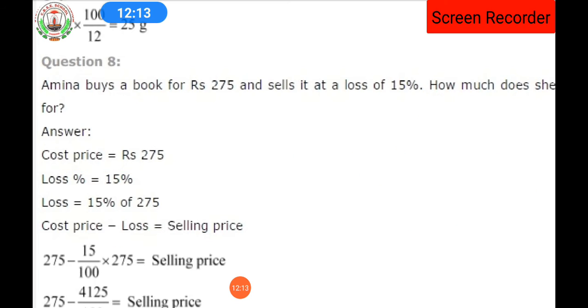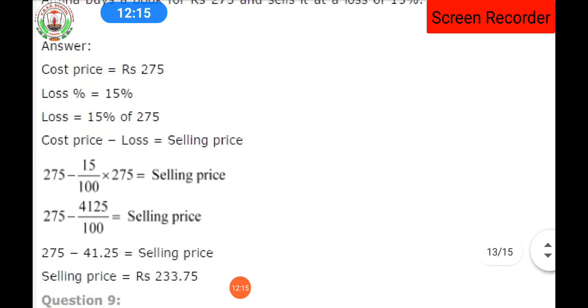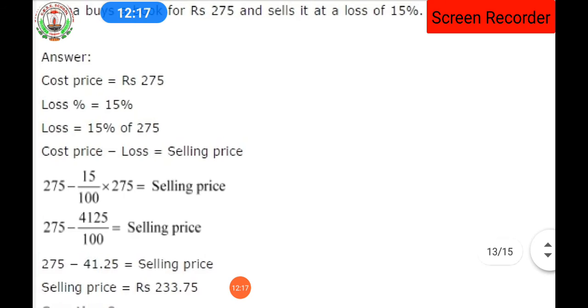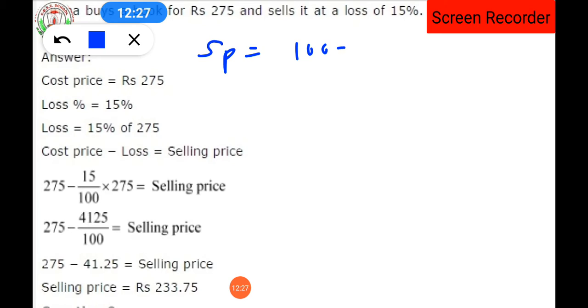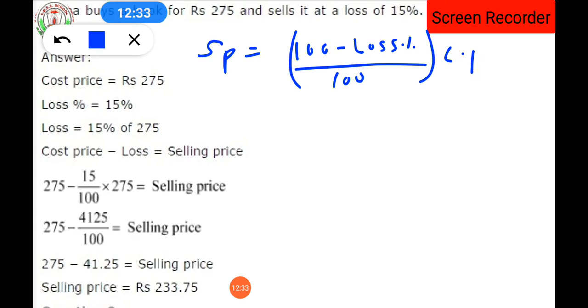Okay, so look how to calculate this. Again I will write the formula. What do we have to calculate? SP, the selling price. So what will be the formula? 100 minus loss percent upon 100 into CP, isn't it?